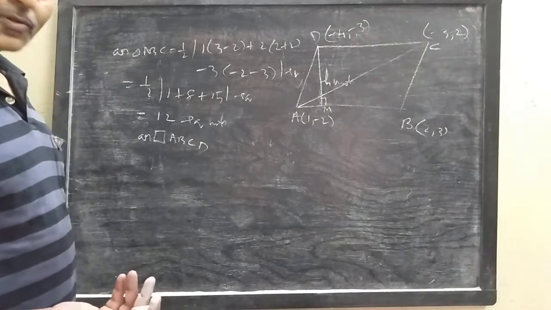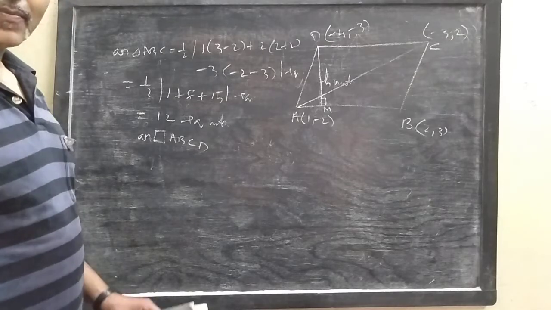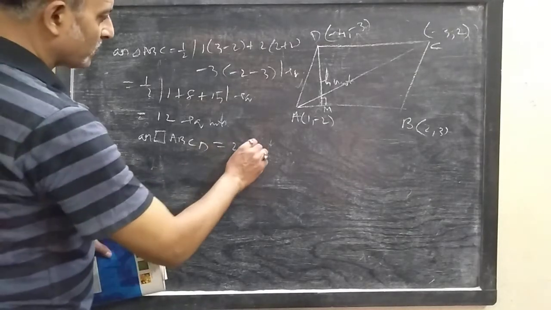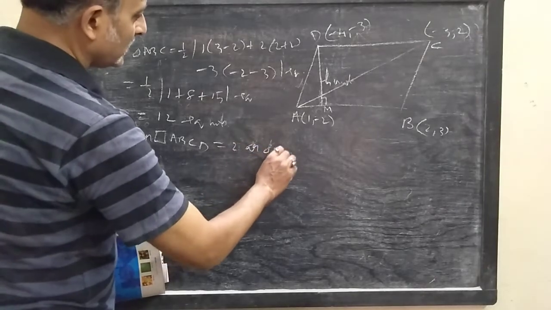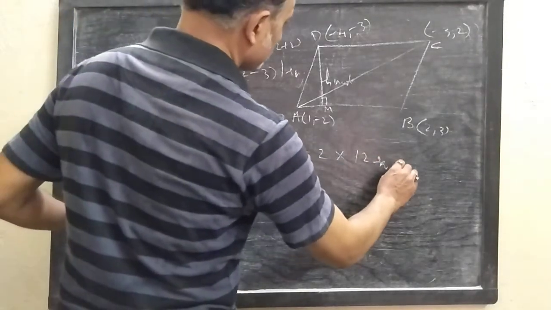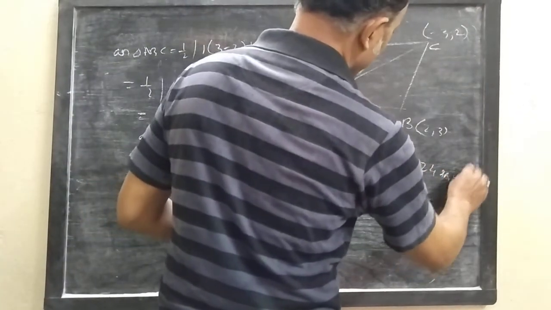It may be a parallelogram, a rectangle, anything. So area of quadrilateral ABCD will be twice the area of triangle ABC, 2 into 12 square units, equals 24 square units.